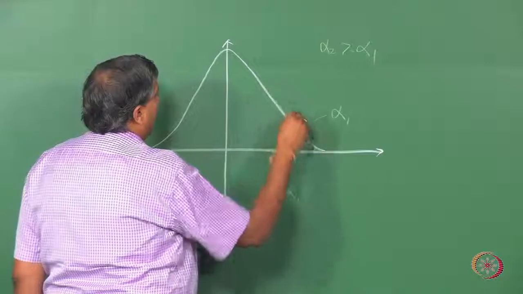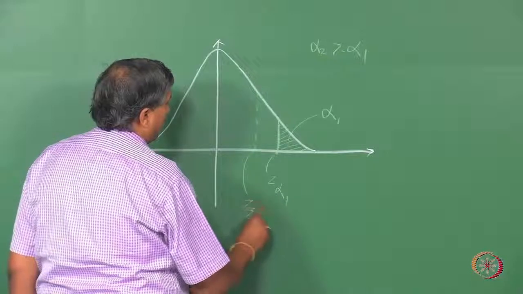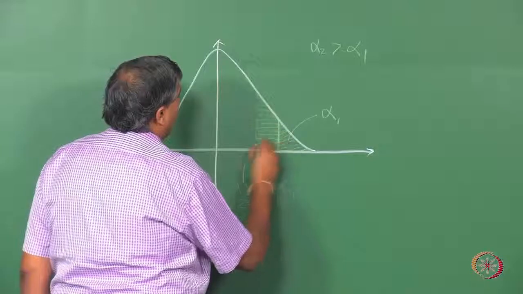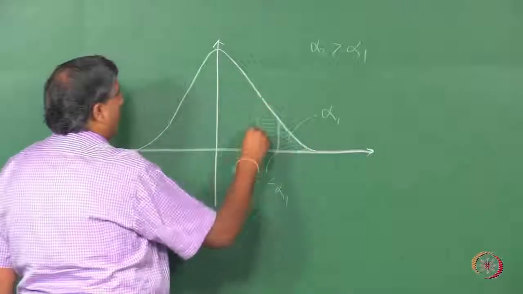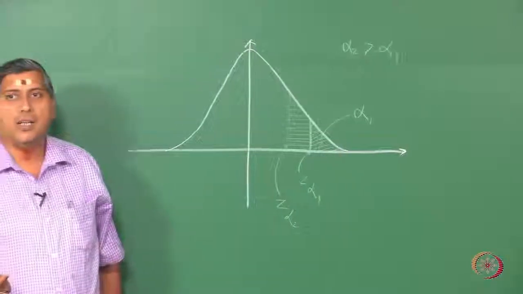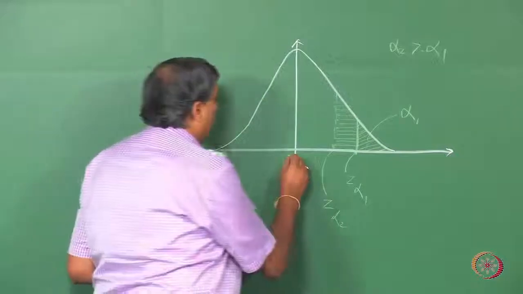Now, alpha 2 is such that here you have Z alpha 2, and this area is also included in addition to the shaded area. So, what has happened is increasing the type 1 error has moved Z alpha closer to the origin.